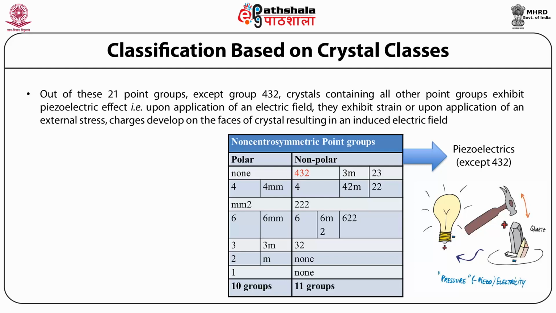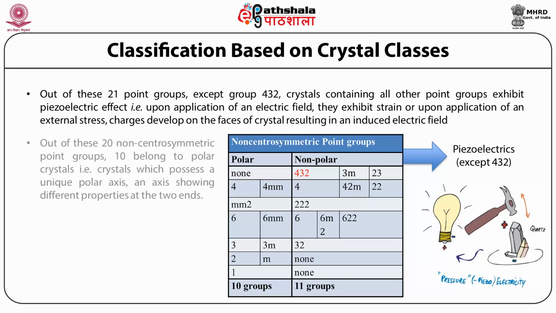That is, upon application of an electric field, they exhibit strain, or upon application of an external stress, charges develop on the faces of a crystal, resulting in an induced electric field. Out of these non-centrosymmetric point groups, 10 belong to polar crystals, that is, crystals which possess a unique polar axis, an axis showing different properties at the two ends.